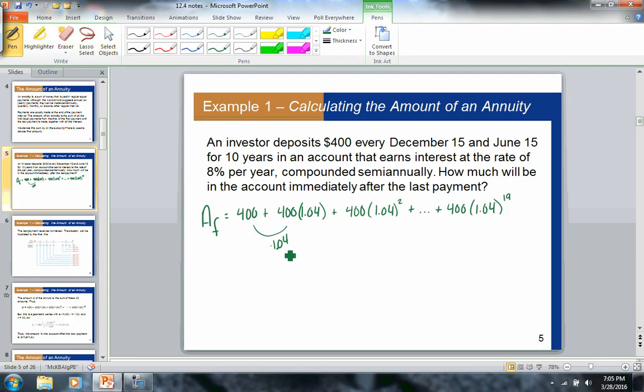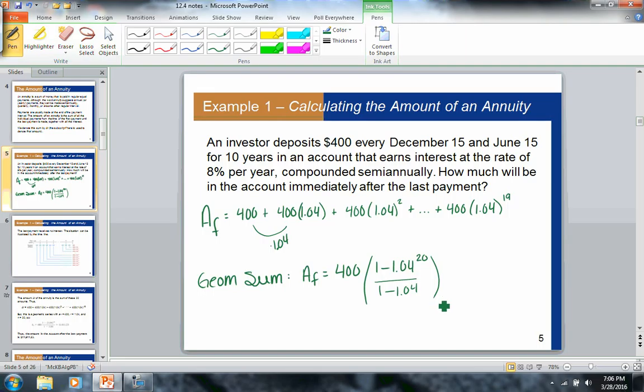If we're going to rewrite this in terms of a geometric sum, we can write it so that we've got our final amount, and we're starting with our $400, and then we would have the 1 minus our rate, which is the 1.04, and then we're going to take that to the n power, so that's going to be 20, because he's got 20 payments, over the 1 minus our rate, or our ratio.